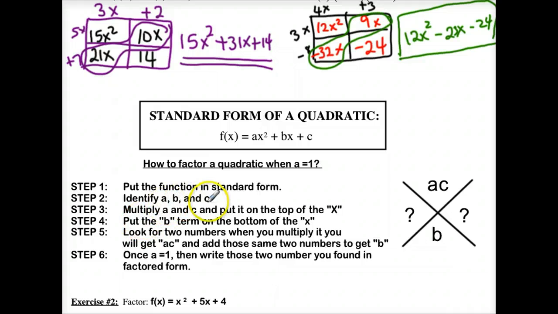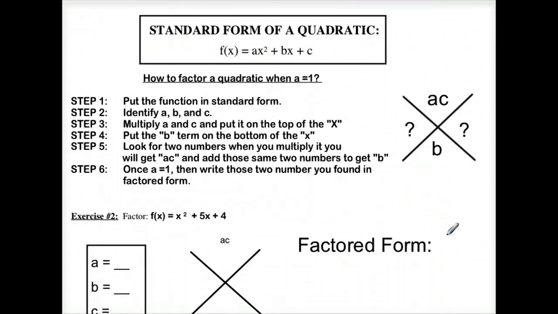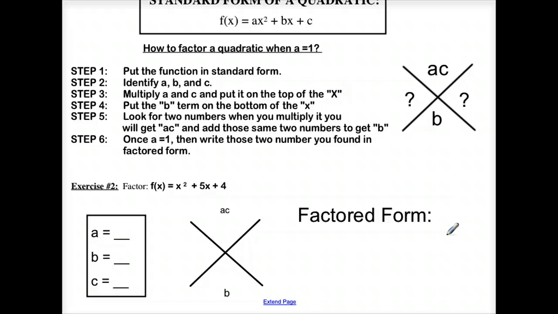I want to multiply my a and c, and it has to be on top of my x, and then my b term goes here. This question mark means I'm going to find two numbers that multiply to give me AC, my term up here, and when I add those same numbers, I get my B term. Once A is equal to 1, I am going to write it in factored form. So let's see how this works.